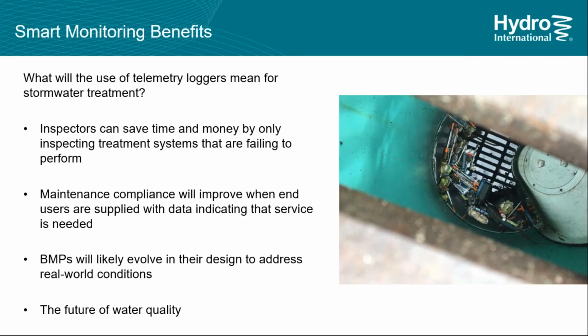No more sending crews out. No more having to prove you're compliant, as you can just copy paste a link. And then also, it's not just addressing sediment, but you can see, did I undersize? Did I oversize? Am I in bypass more than I thought I would be? So you're actually able to track the performance of whether it's a separator or filter that you put in the ground.